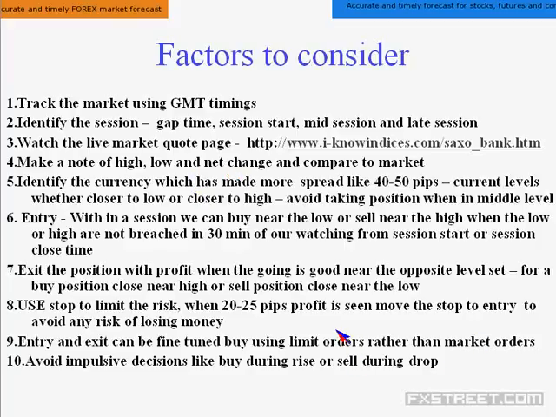So whether you buy it at 1.4110 and close it at 1.4140, or you buy it at 1.4140 and close it at 1.4180, obviously your profit is 40 pips. So don't give importance to the levels.